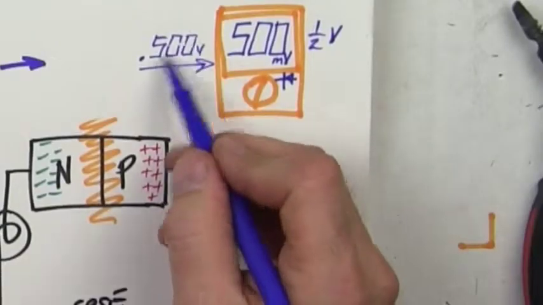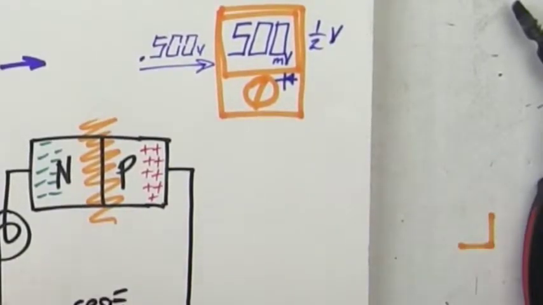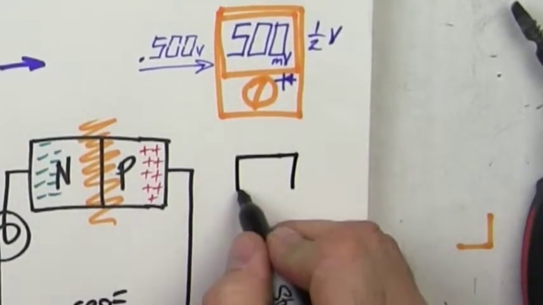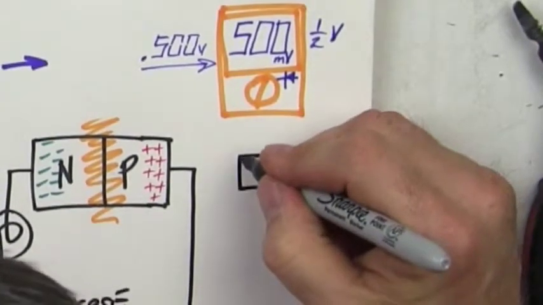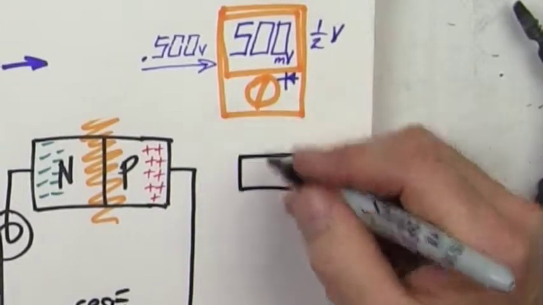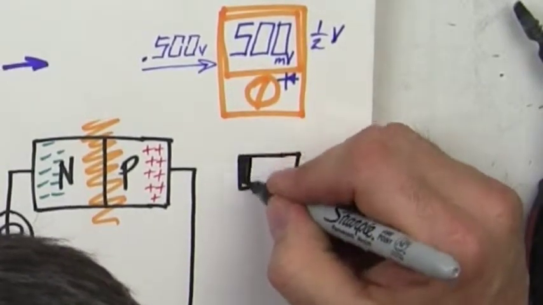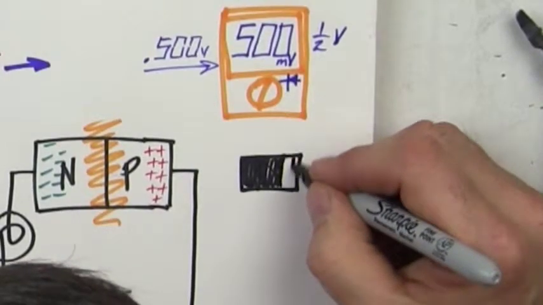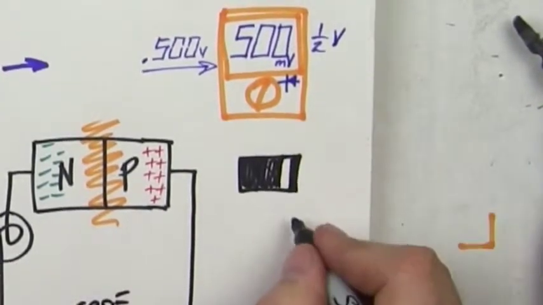This could go up a little bit, this could go down a little bit, it doesn't really matter. And the way we do it is very simple. We put the black lead on the negative side.